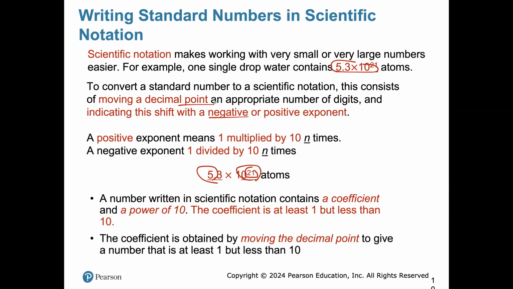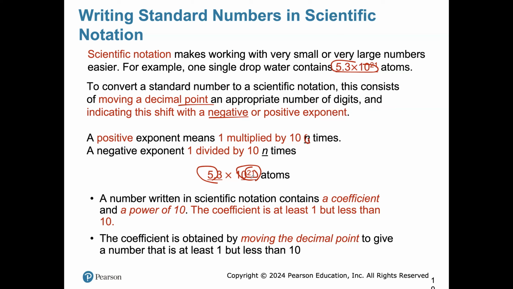A positive exponent means 1 times 10, n times, where n is the power here. So this tells you that it's 5.3 times 10, 21 times. A negative exponent means it's 1 divided by 10, n times.